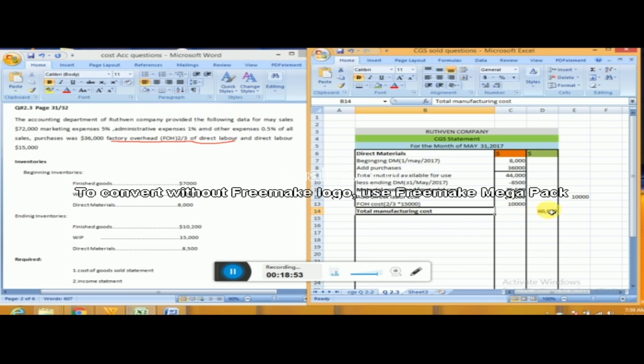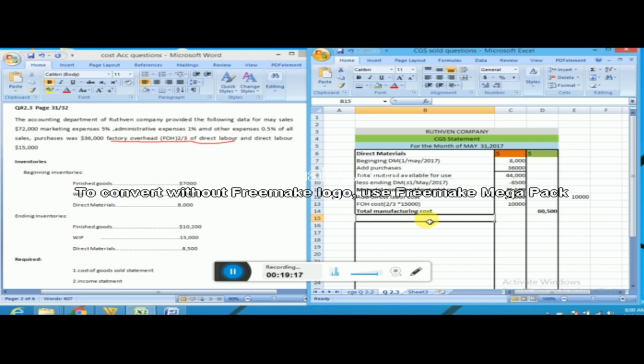The formula is direct labor cost plus direct material cost plus factory overhead cost. So now the 60,500 means material we put into the process. Manufacturing cost means processing cost.